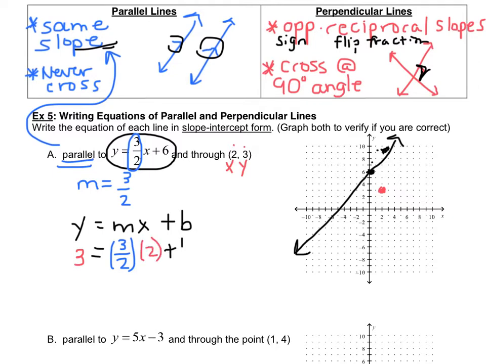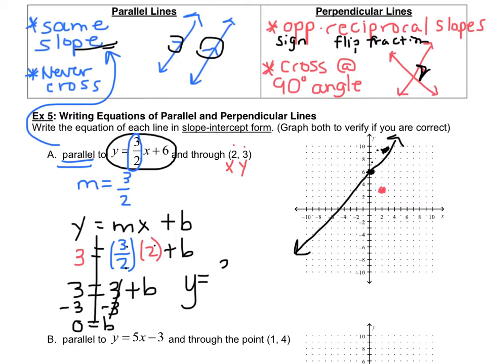And we'll solve for b. So 3 times 2 is 6, divided by 2 is 3. So 3 equals 3 plus b. We'll subtract the 3 from both sides, and we get 0 equals b. So our equation for the line is our slope, 3 over 2 x, plus our y-intercept, which is 0.